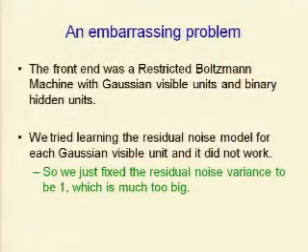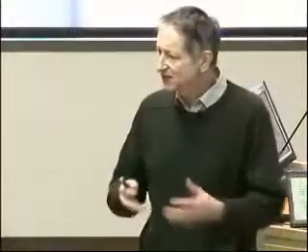There's one embarrassing thing about that nice model, which is that in the underlying math, you have these visible Gaussian units that have their own measurement noise level. It's the residual noise. That should be the residual prediction error when you try and predict what they're up to. And we took the data and we normalized it so it had variance of 1.